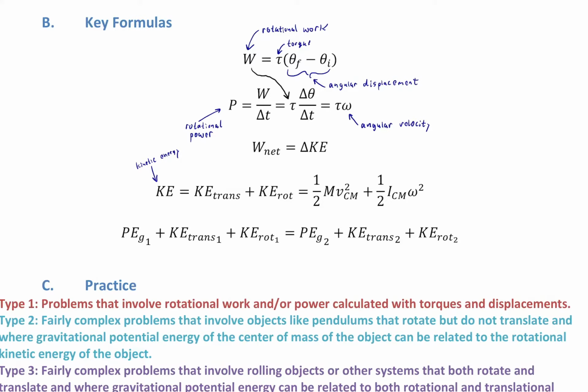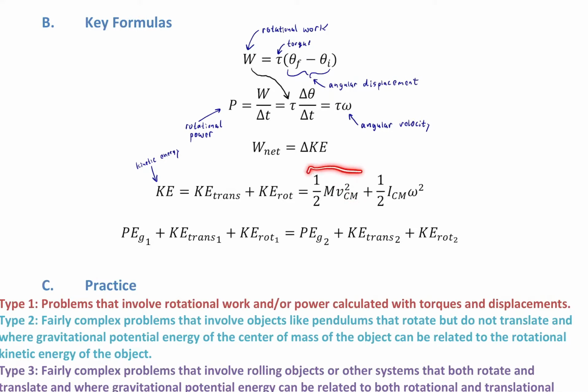Okay? Now, when we actually look at the terms, we should be a little bit more careful when we think about translational kinetic energy, because it is specific to the reference frame of the ground or the surface or the ramp or whatever it may be, or the yo-yo string. It is 1/2 times the mass of the object, the object that's translating, and then the velocity of its center of mass squared.